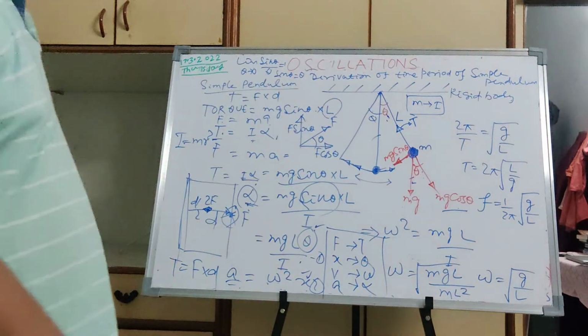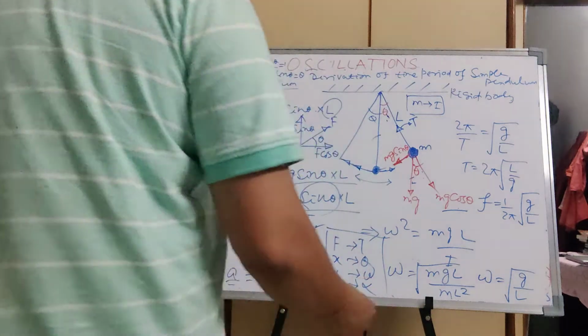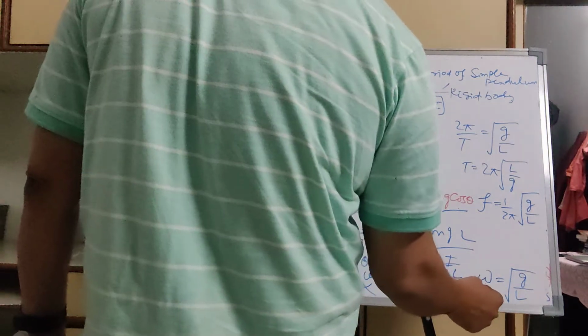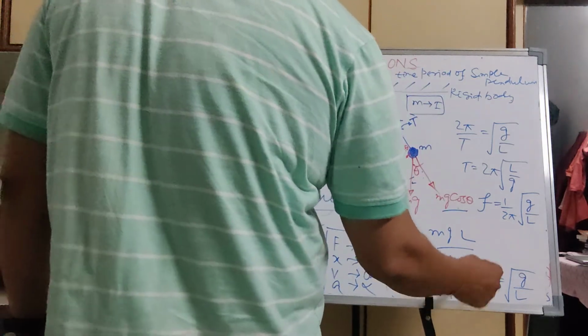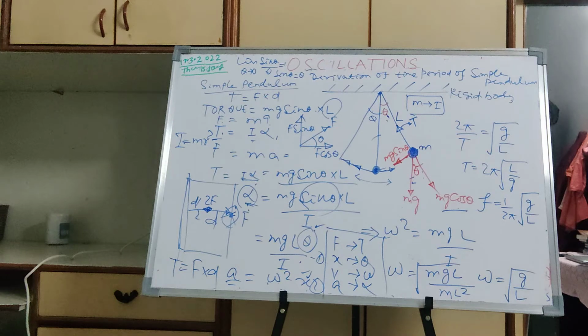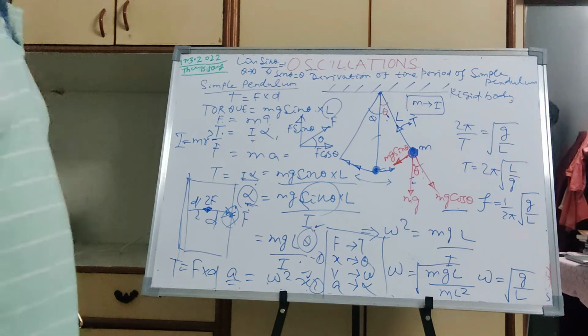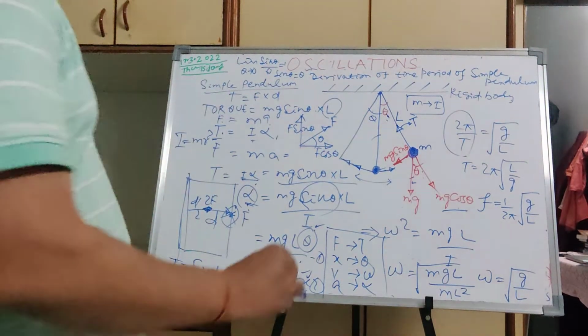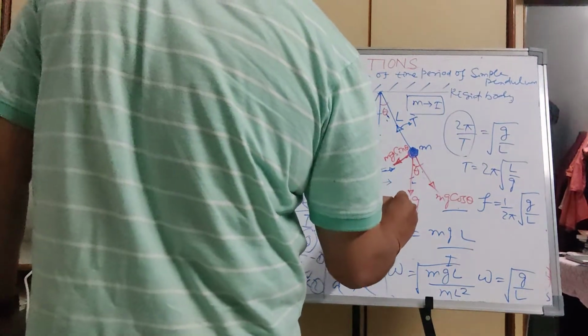Now omega square is equal to mgl by ml square. Mass cancels, so omega is equal to square root of g by l. And omega, you know, is equal to 2 pi by T, because in time period T it is covering 2 pi.